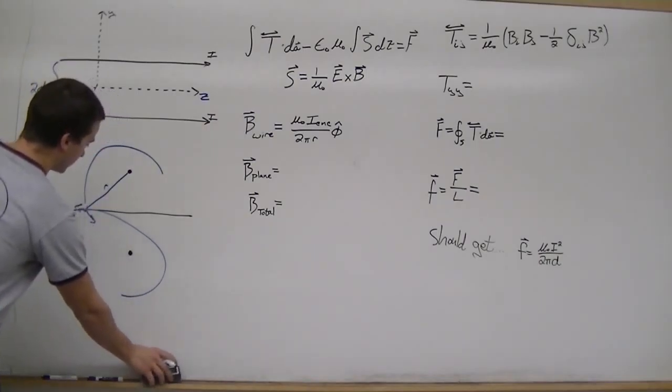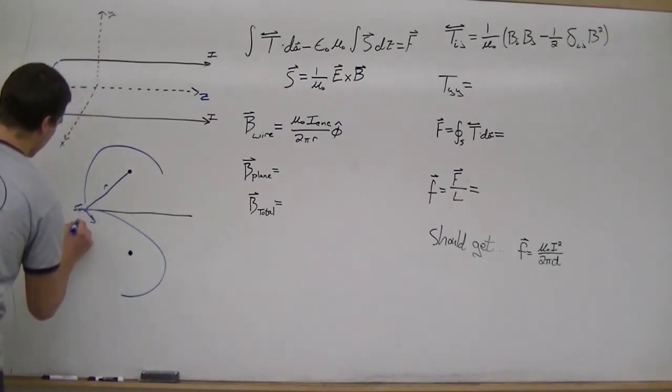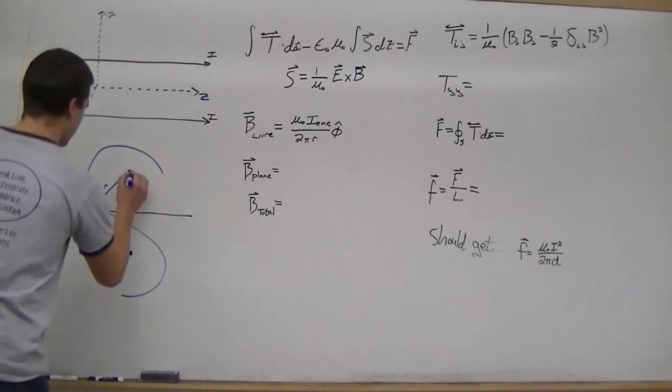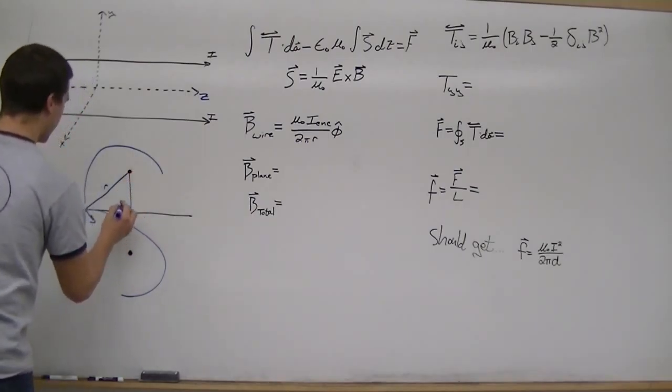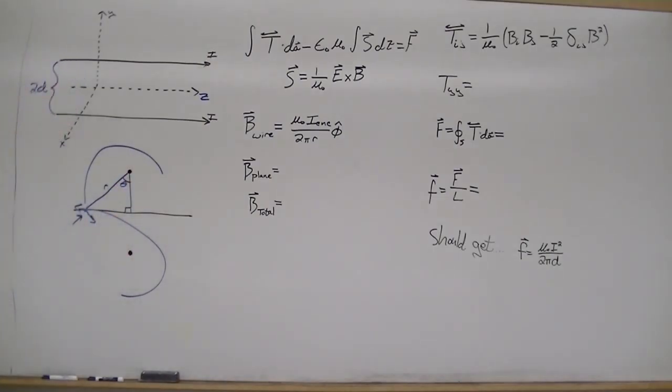Once again, really poorly drawn. But anyway, if we look at this point right here and consider a right triangle with this angle theta, then cosine of theta would equal d over r, since this is d because they're 2d apart. And then r would equal d over cosine theta.